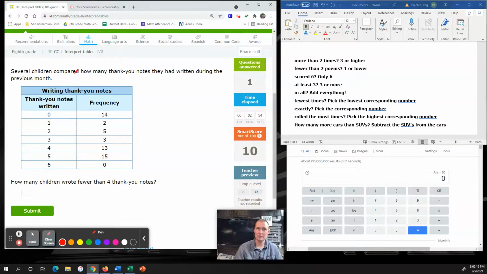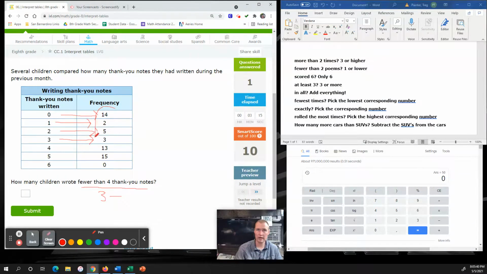Several children compared how many thank you notes they had written during the previous month. How many children wrote fewer than 4 thank you notes? So we're going to pick 3 or less. We're going to pick that 3, that 2, that 1, and also that 0.